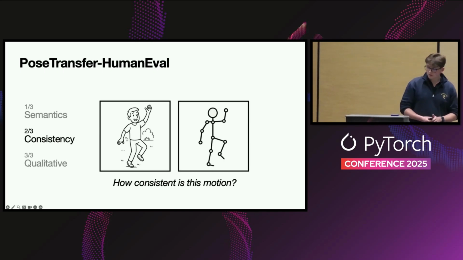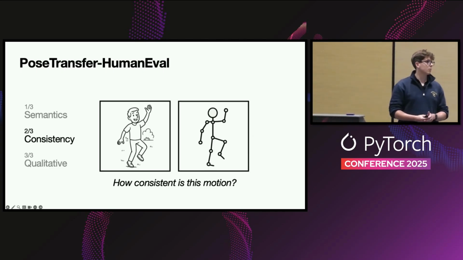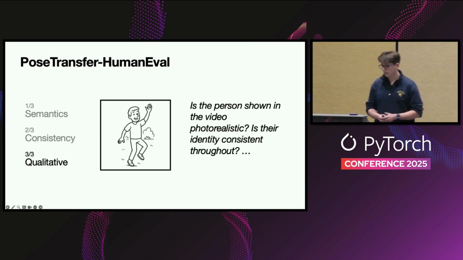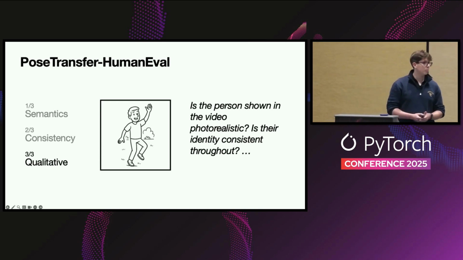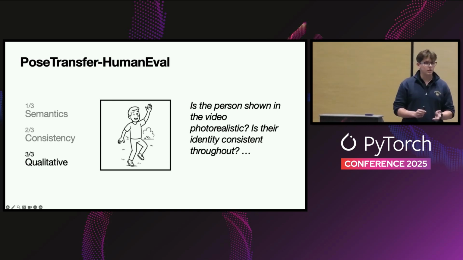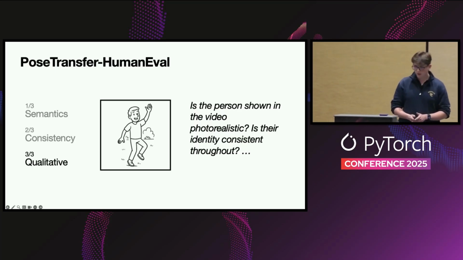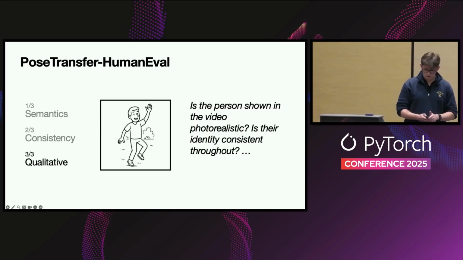Then you have consistency, which was a simple yes/no question: how consistent is this motion? And then qualitative, where people adjusted the accuracy of the motion, whether it's correct or not, if there are some random moves or physical constraints that are not real.